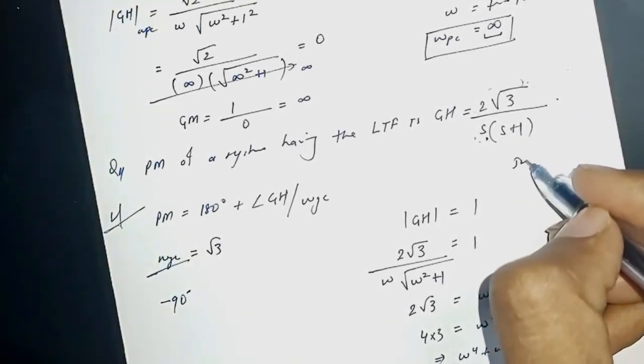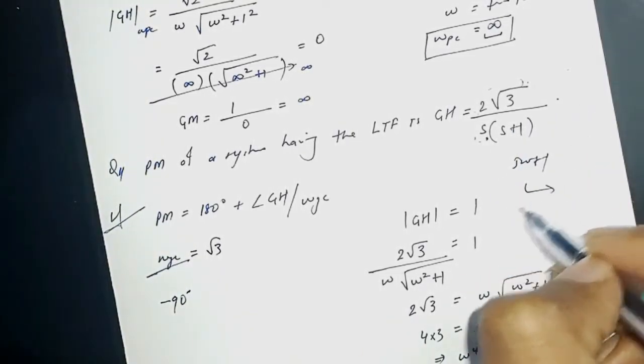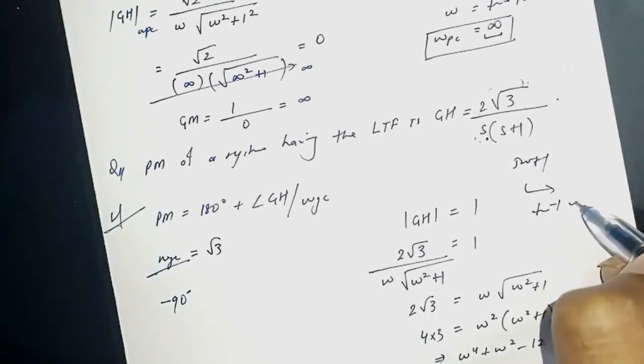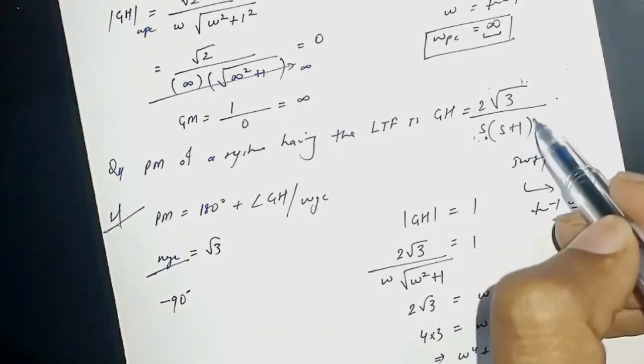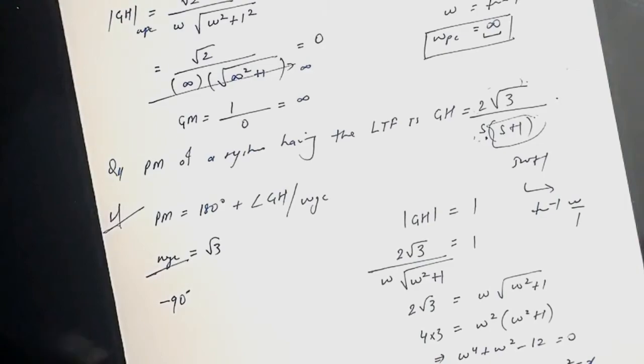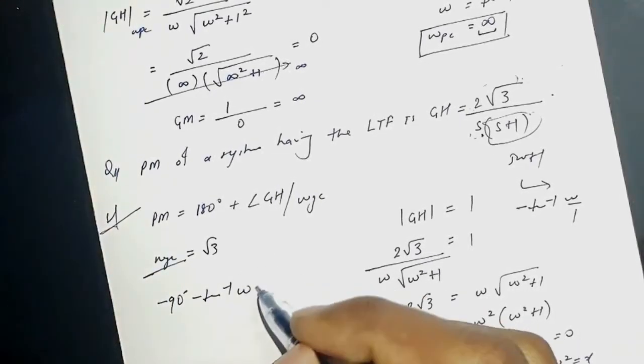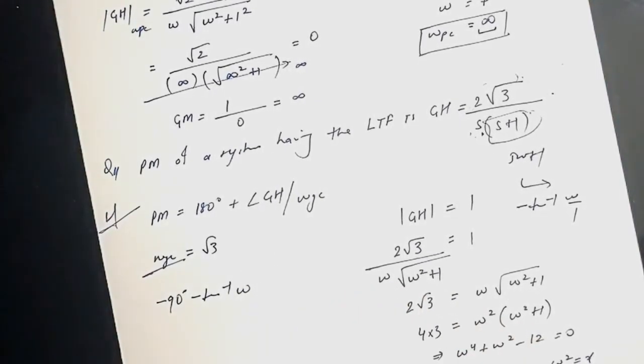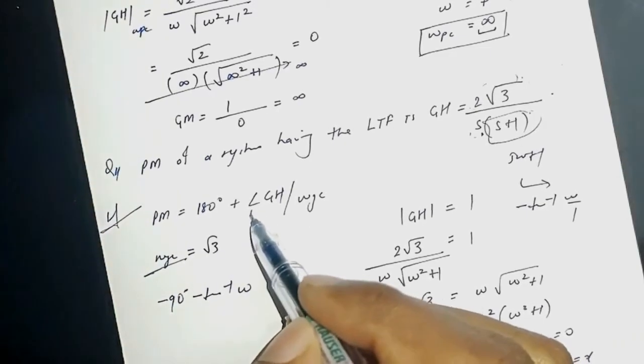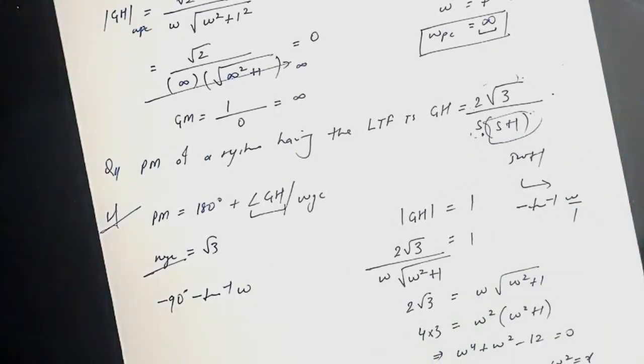This is j omega plus 1. For this, tan inverse omega by 1, but this whole thing again is in the denominator, so we will write minus in front of it like this. Now this is the angle of the system response.